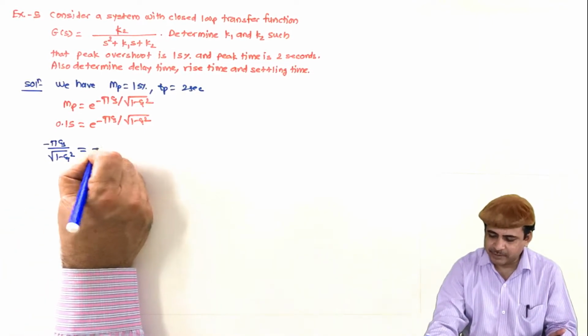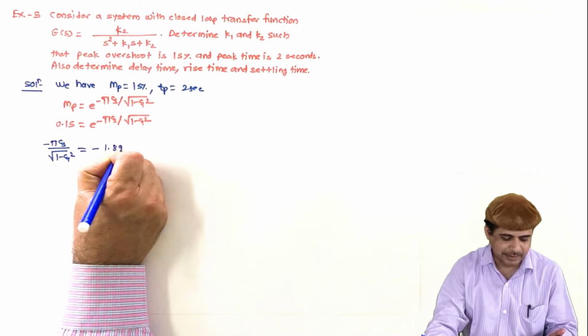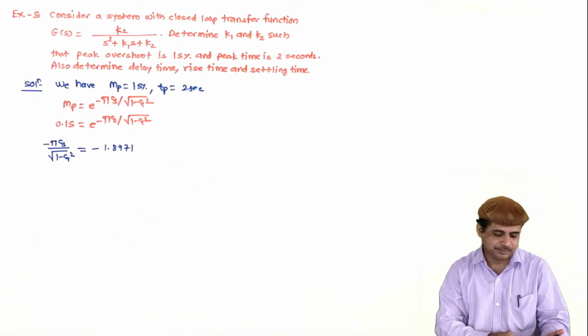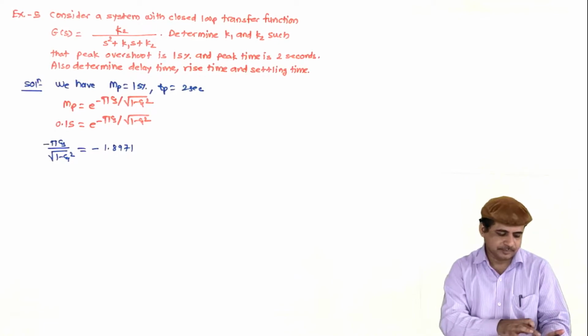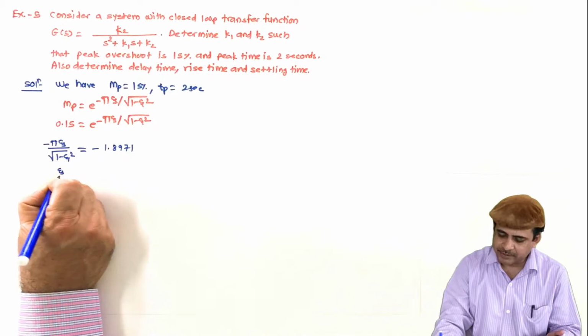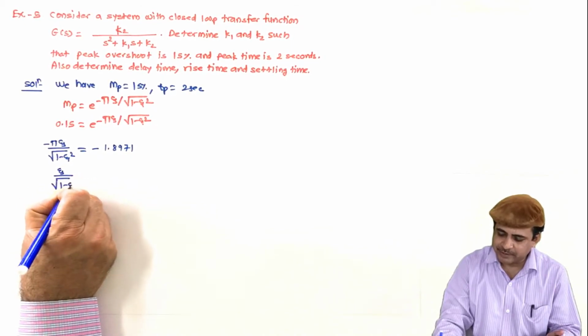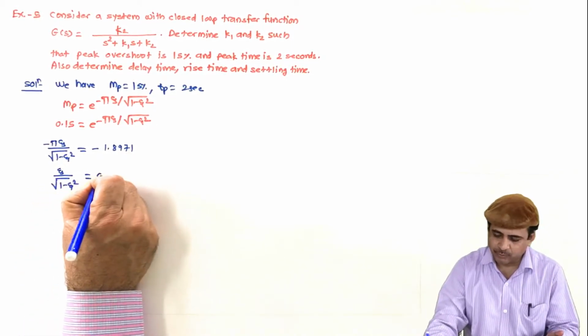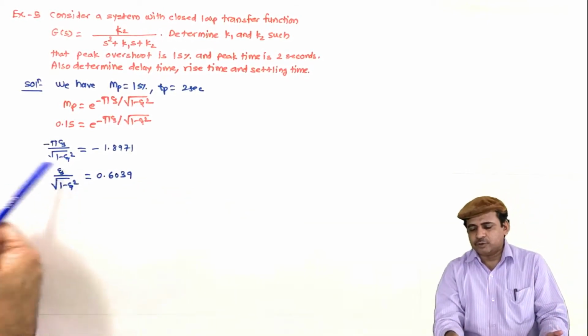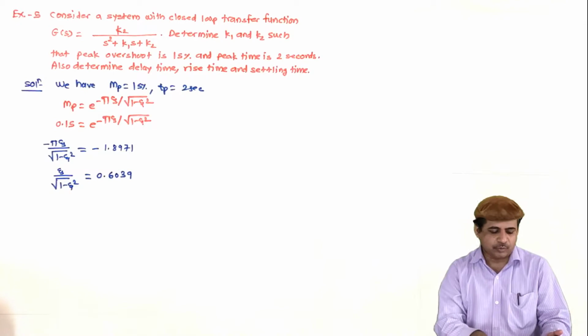And that is minus 1.8971. So dividing both sides by minus pi, we get zeta upon under root 1 minus zeta square is equal to 0.6039. We have to solve this for zeta, so let us square on both sides.